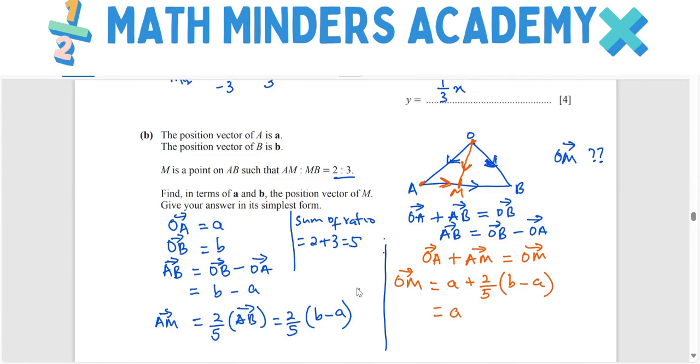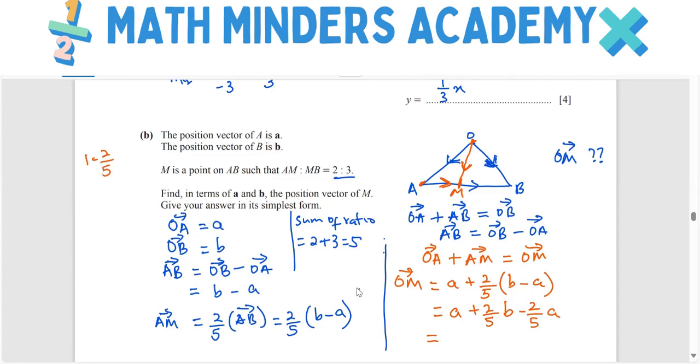So this gives us a plus, we open the bracket, 2/5 b. We use 2/5 to multiply minus a, and it gives us minus 2/5 a. So when you wrap it up, a minus 2/5 a is like saying 1 minus 2/5.